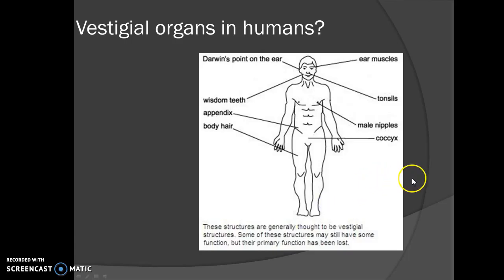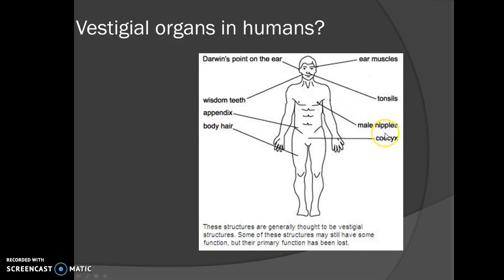In humans, we have many. Darwin's point on the ear. There's no purpose. And then ear muscles, which is pointing to the eye, but ear muscles. Tonsils, wisdom teeth, appendix. A lot of times, if we have any issues with this, like infections or anything, we have to go with those things removed, and we're totally fine with it, because they're not needed for survival or for reproduction.